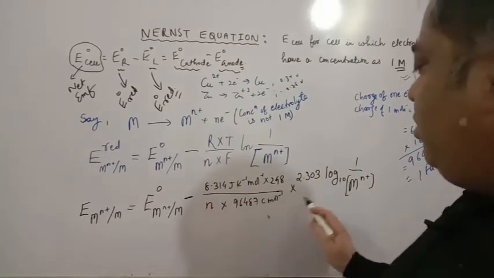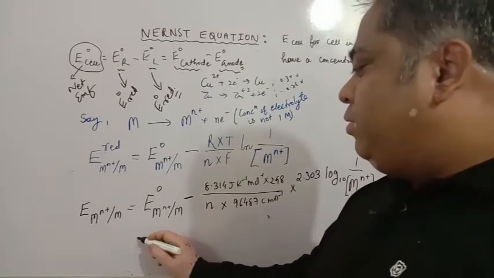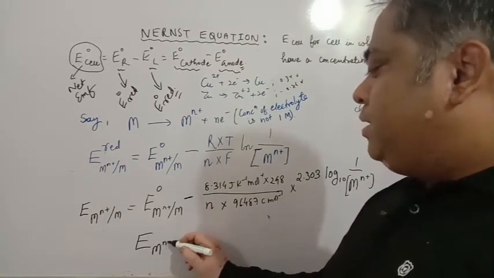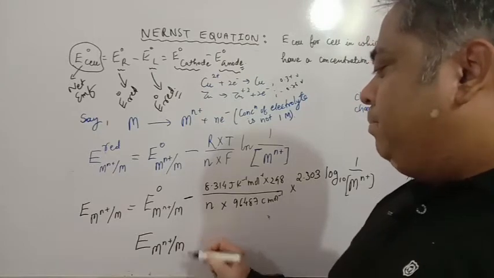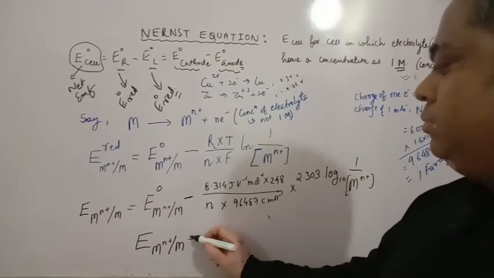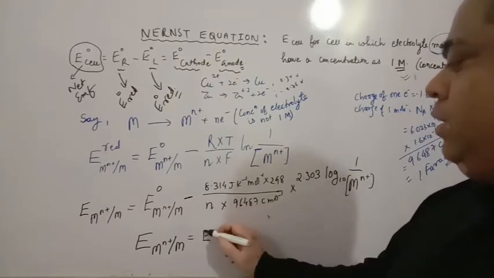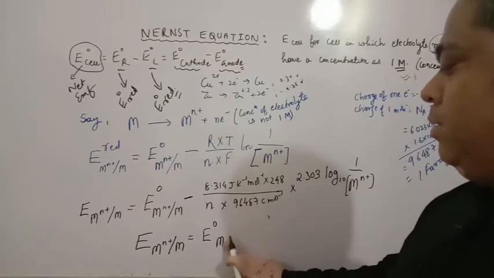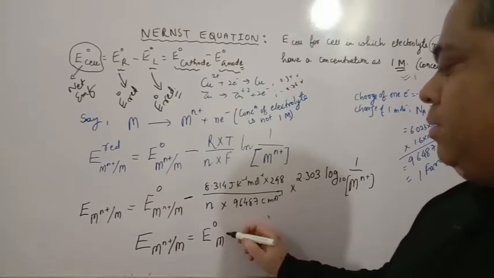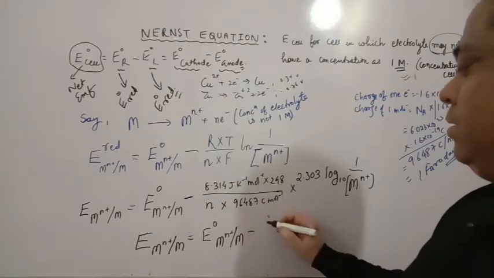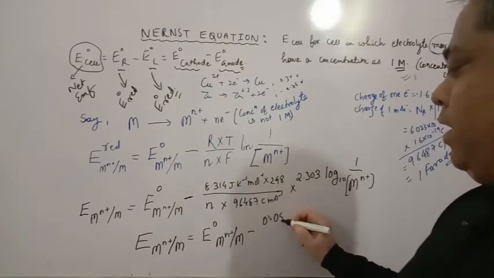If we multiply all these constant values, then our value will come out to be E of M n plus becoming M is equal to E cell of M n plus to M minus 0.059.